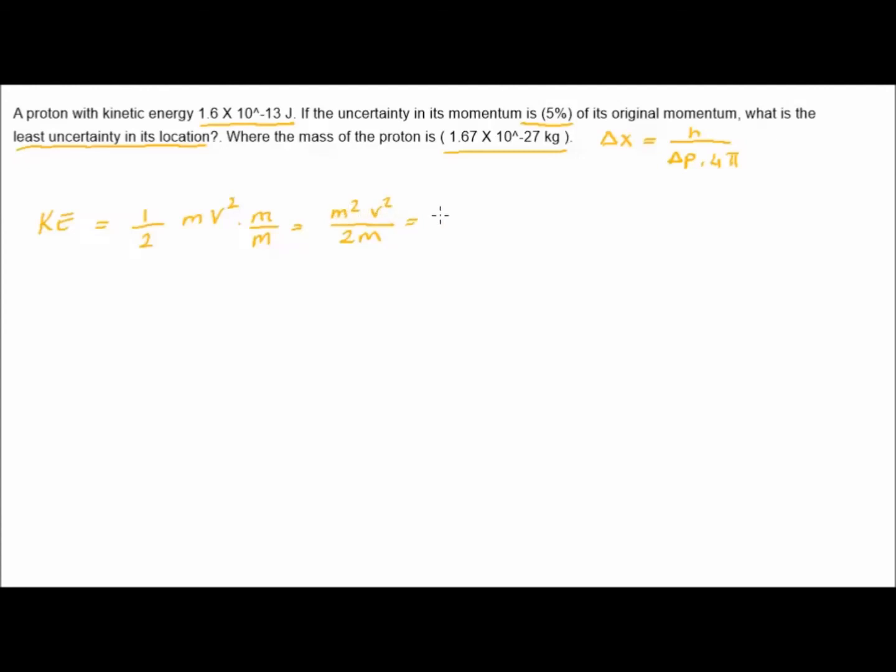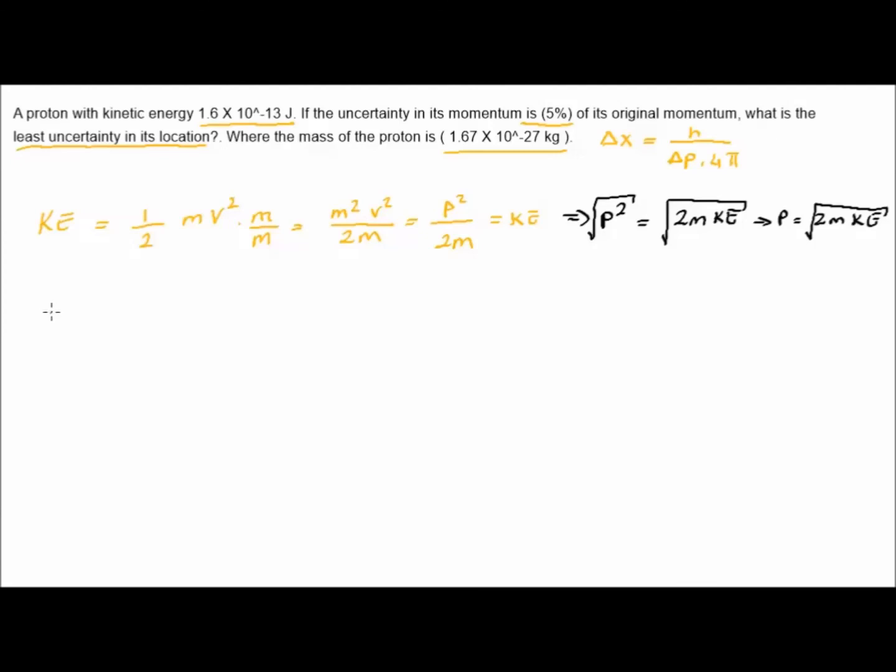That means m times v is p, so it will be p squared over 2m equal to kinetic energy. From there, p squared is equal to 2m, which is mass, times KE. Take the square root of both sides, p is equal to the square root of 2m KE.